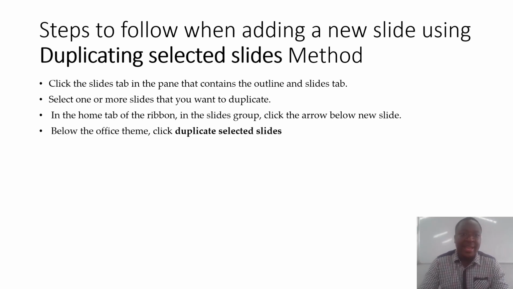Okay, and then select one or more slides that you want to duplicate. And then in the home tab of the ribbon in the slides group, click the arrow below new slide. And then below the office theme, click duplicate selected slides. If you click that one, your slides will be added by using the duplicating method.